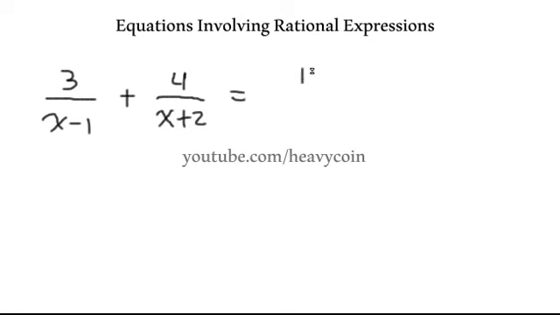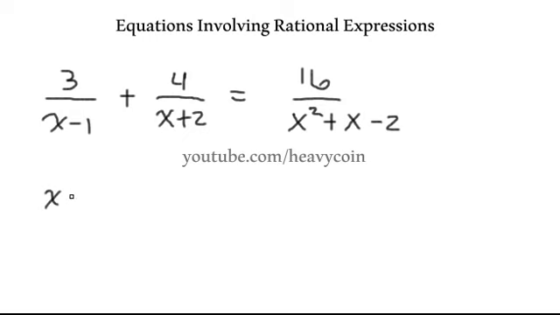That's going to be equal to 16 over x squared plus x minus 2. So what I'm going to do here is get a common denominator between these two fractions, and that means I'm going to end up writing an x plus 2 over x plus 2 and then an x minus 1 over x minus 1.